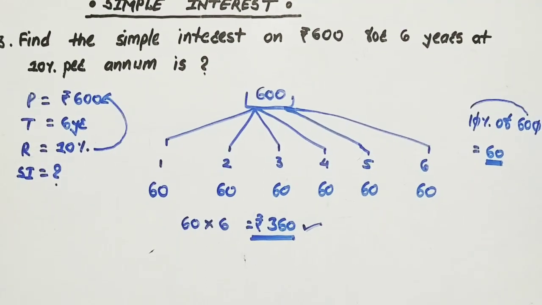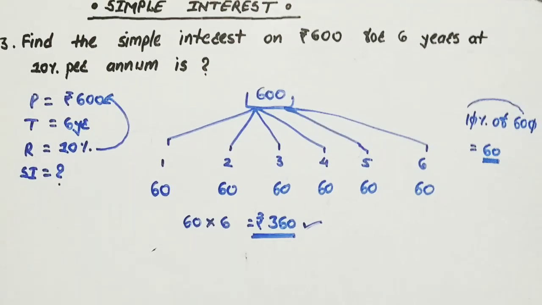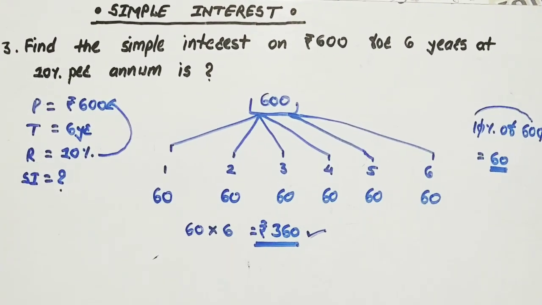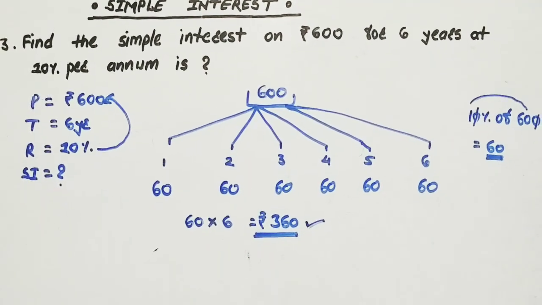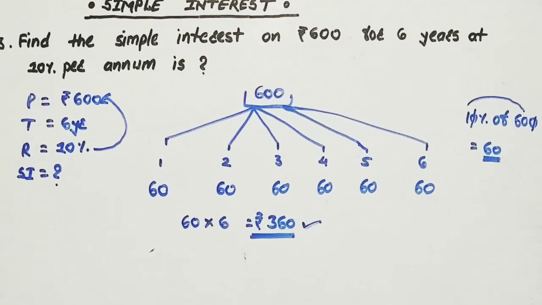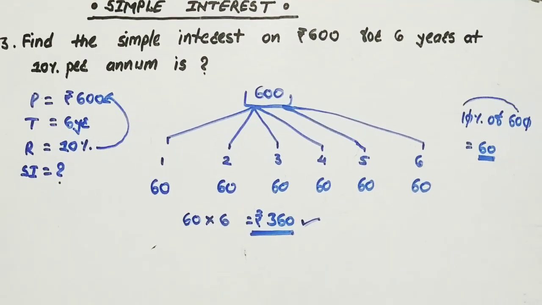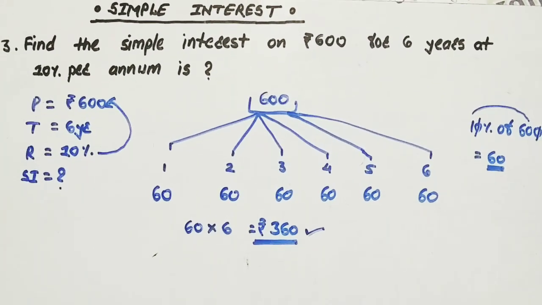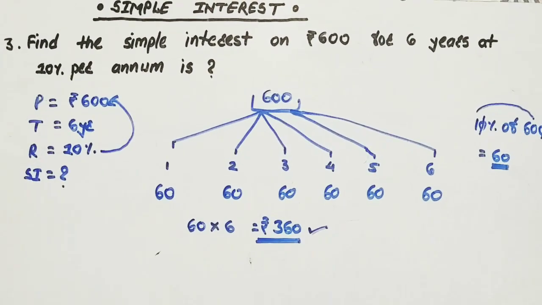This is a very easy question, right. बहुत ही आसान क्वेश्चन था। 600 पे सिंपल इंटरेस्ट निकालना है 10% के हिसाब से 6 सालों के लिए। तो 1 साल का सिंपल इंटरेस्ट 60 होता है, तो ऐसा 6 सालों के लिए कितना होगा, that is 360. I think this is clear to everyone.